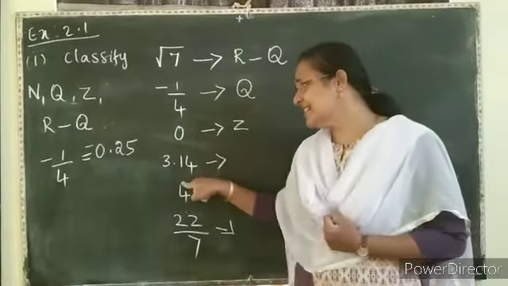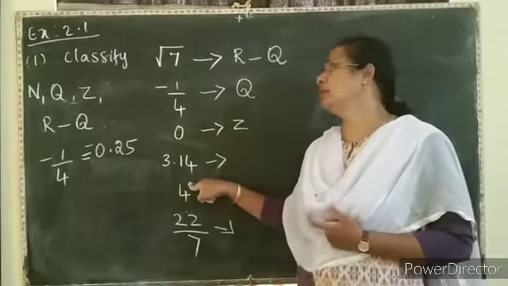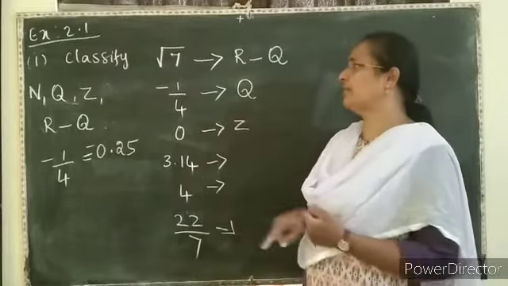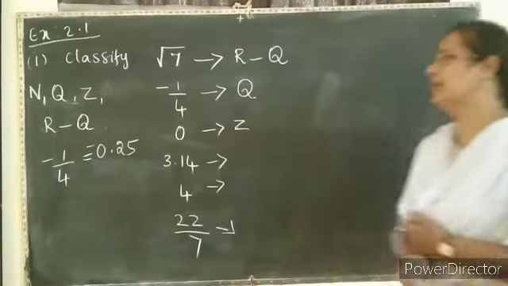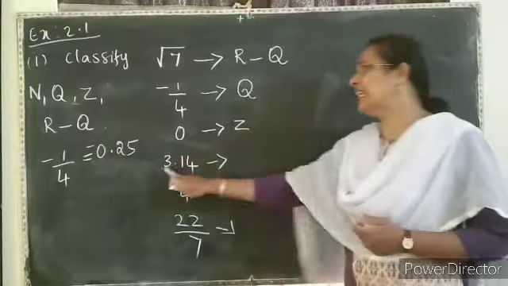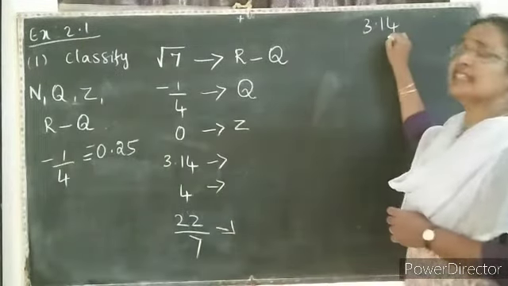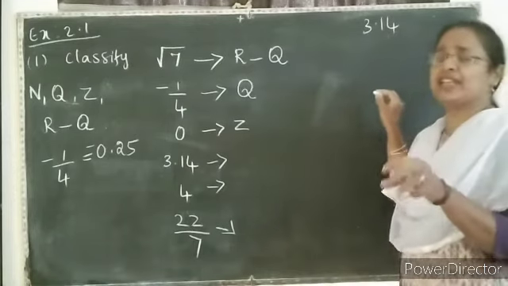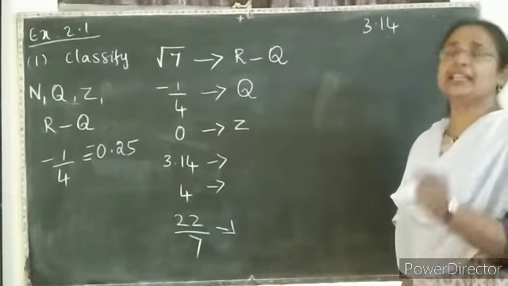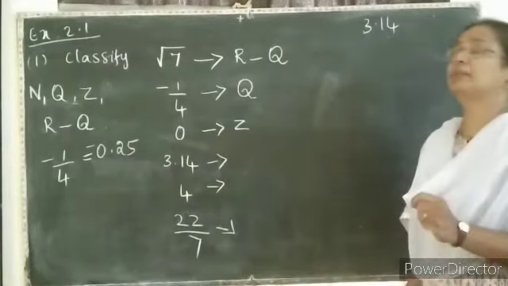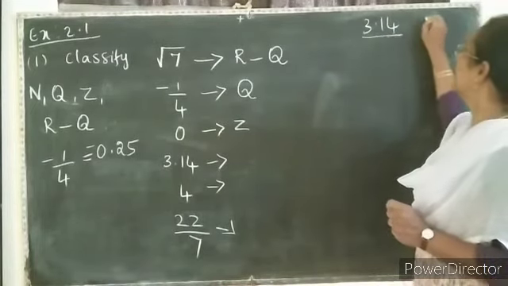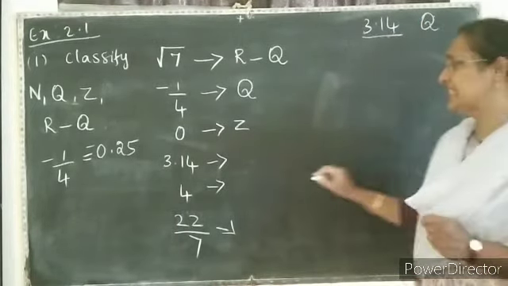Okay students, let's discuss this 3.14. This 3.14, to which category does it belong? Okay, now look into this 3.14. It is a decimal number, isn't it? Very specifically it is a terminating and non-recurring decimal number. So definitely this number will belong to a rational number.